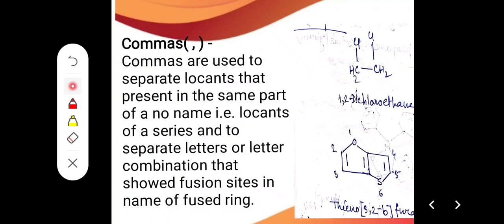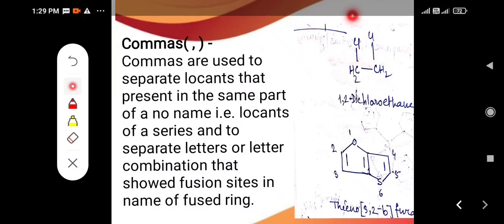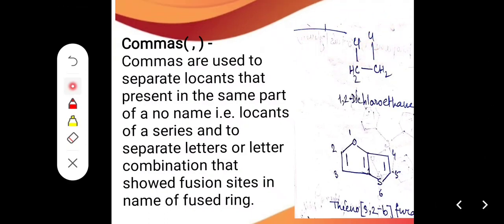As for example, if two Cl are present, we can use 1,2-dichloroethane, because obviously there are two carbons at two different positions. If we consider one carbon as position 1, the other carbon is at position 2, but both have the same functional group, that is chlorine.